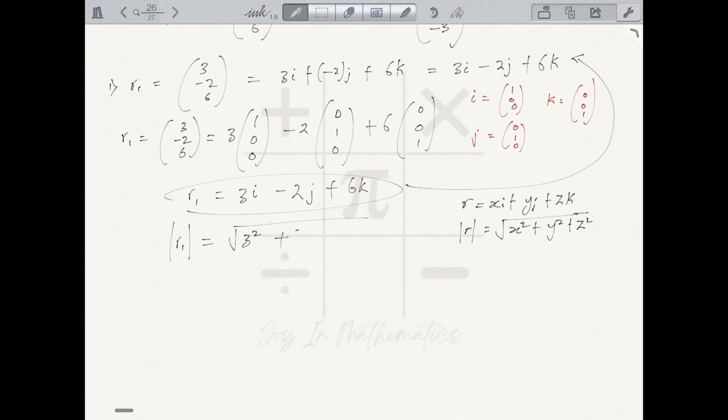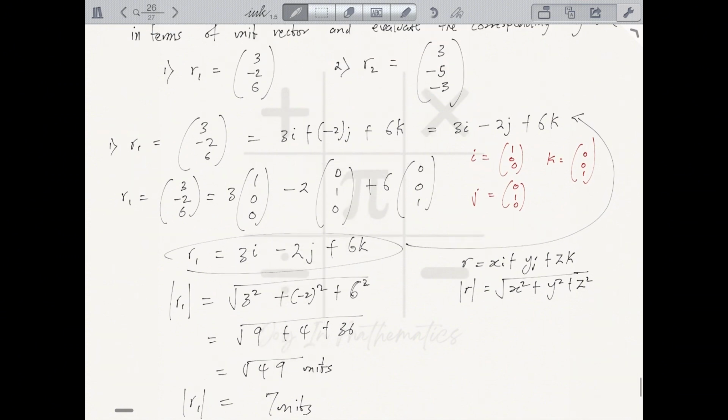That's 3 squared plus (minus 2) squared plus 6 squared. And this will result in 9 plus 4 plus 36, and this will be 49 units. Root 49 can be simplified to give us 7 units. So the magnitude of r1 is equal to 7 units, which I'm sure you got.